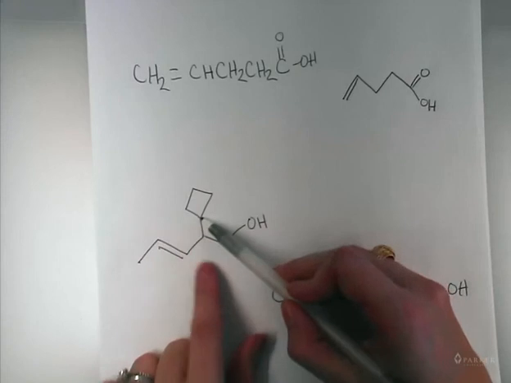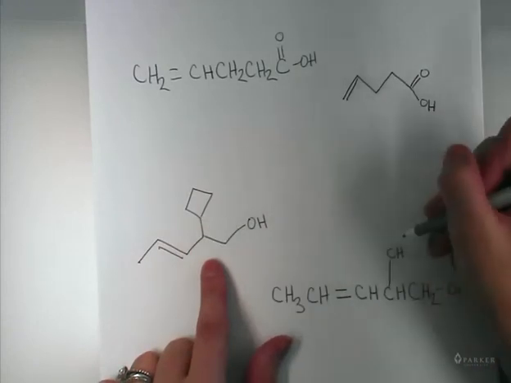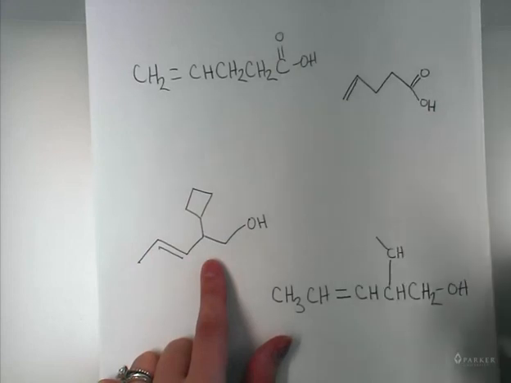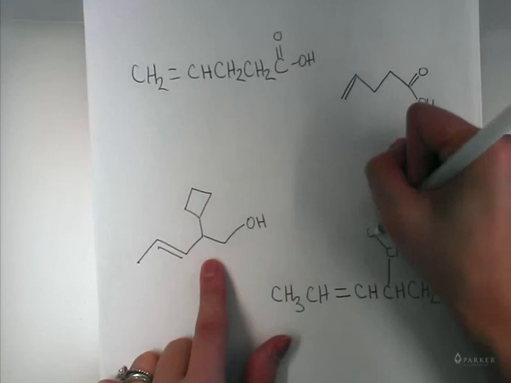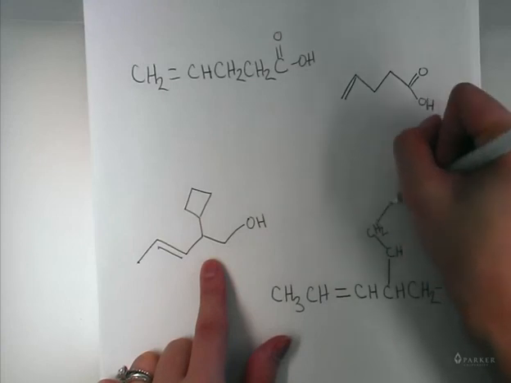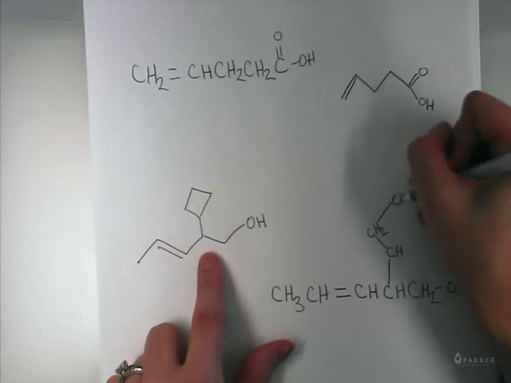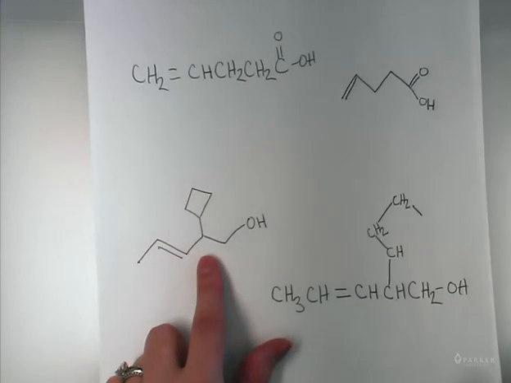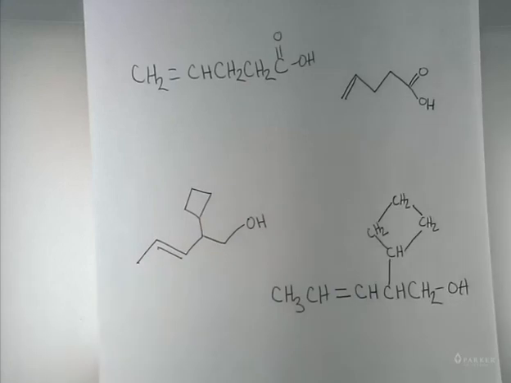What is this first one right here? CH. And it's bonded to a CH2, which is bonded to a CH2, which is bonded to a CH2, which comes back around to the CH.